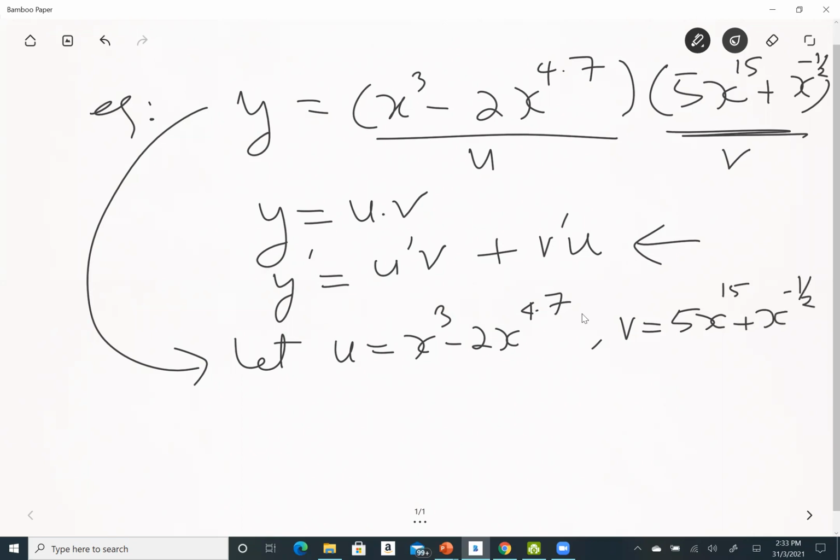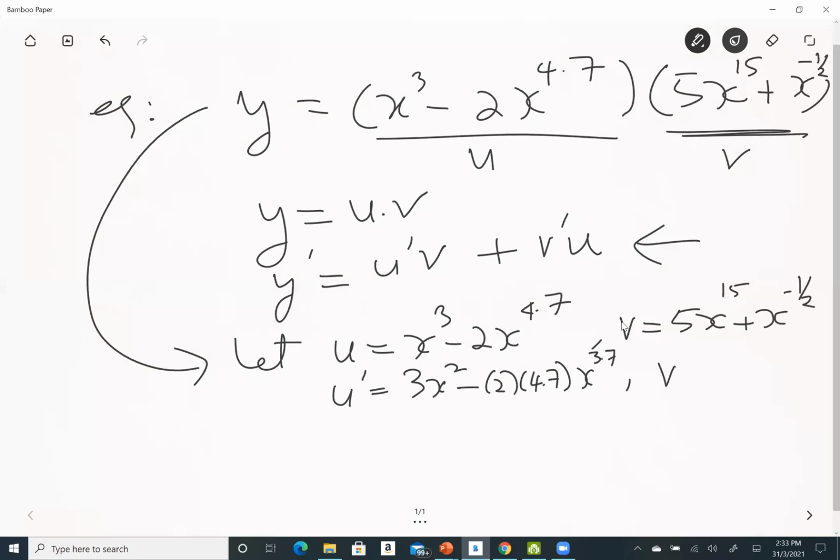Now what you need next is u prime. So we find u prime right away. What is it? It's 3x squared minus 2 times 4.7, you can multiply that out, 4.7 x to the power of, reduce the power by 1, so you have 3.7.